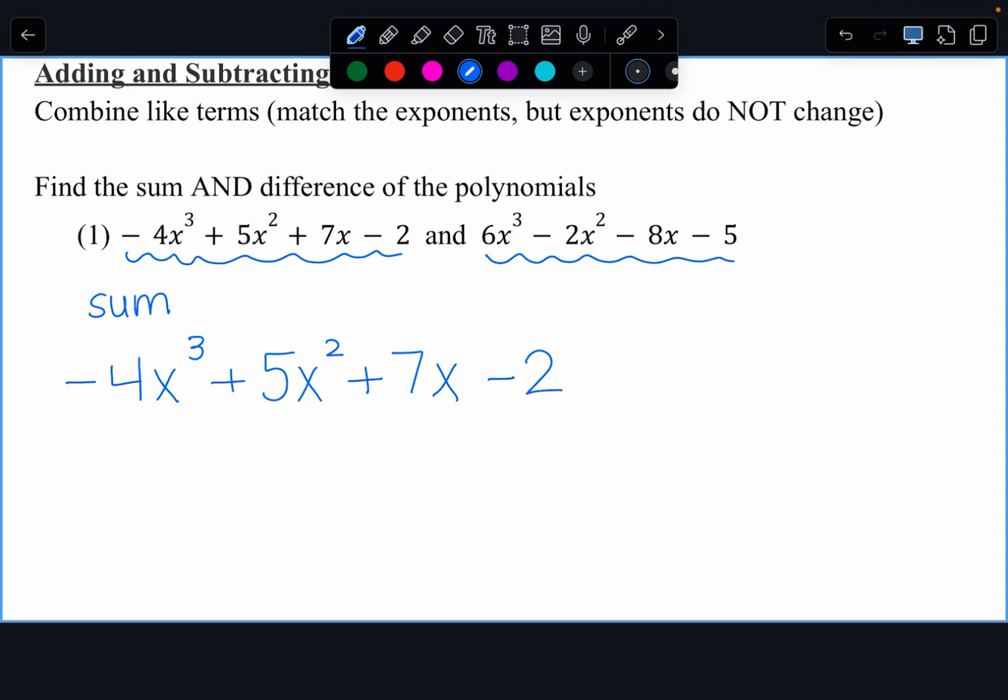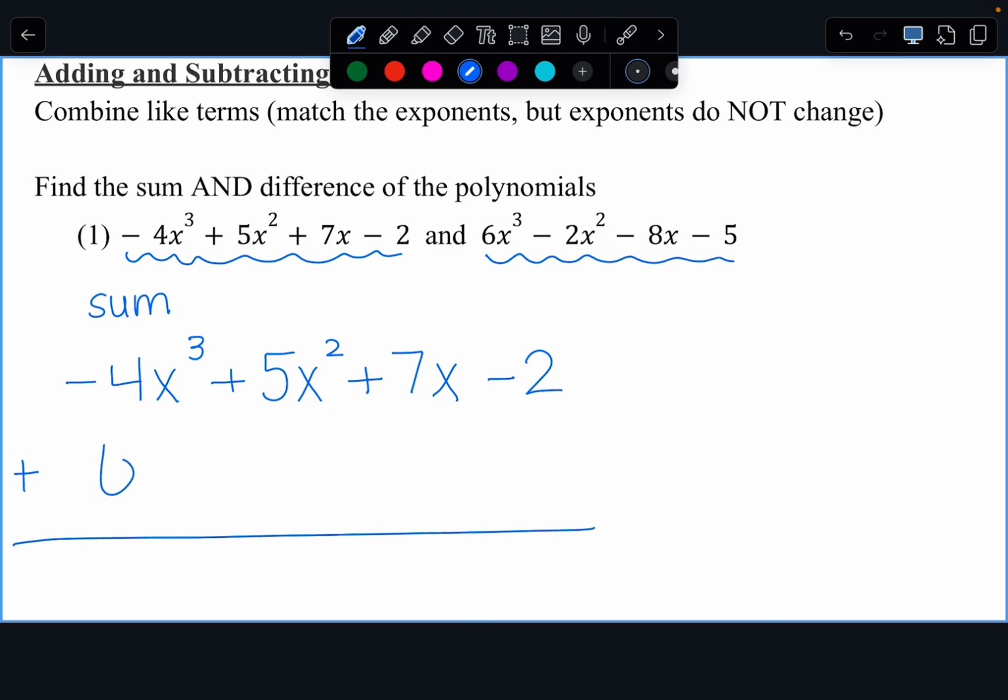Sum means we are adding two equations or things together. From that second part, what I'm going to try to do is line up the x to the thirds with the x to the thirds, the x to the seconds with the x to the seconds, the x's with the x's, and the numbers or constants with constants.